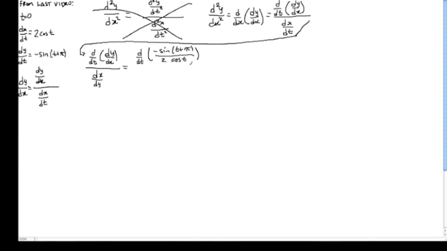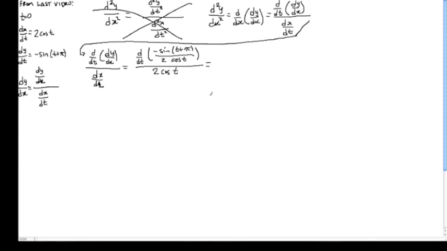That's the derivative that we got from the other video. And that's going to be all over whatever dx dt is. What is that? That's just 2 cos t.